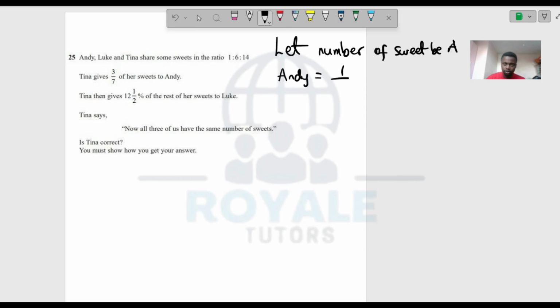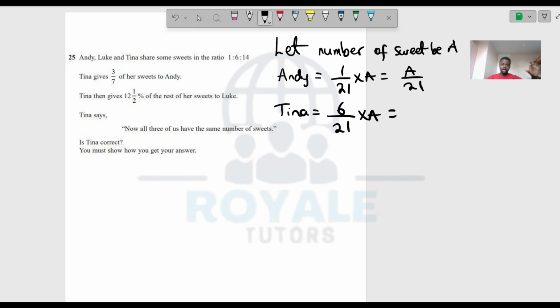If that is it, that means Andy is going to have the ratio for Andy over the total, the sum of ratio, that's 1 plus 6, which is 7 plus 14, multiplied by A. So that means Andy got 1 over 21 of the sweets, while Tina got 6 over 21, because what happens with ratio is that the number of sweets has been divided into 21 parts.